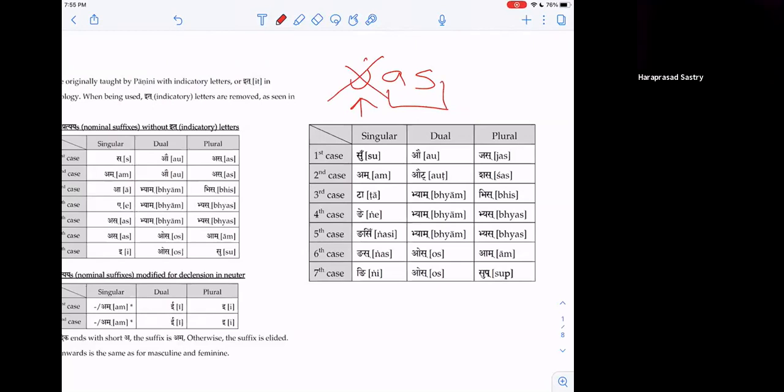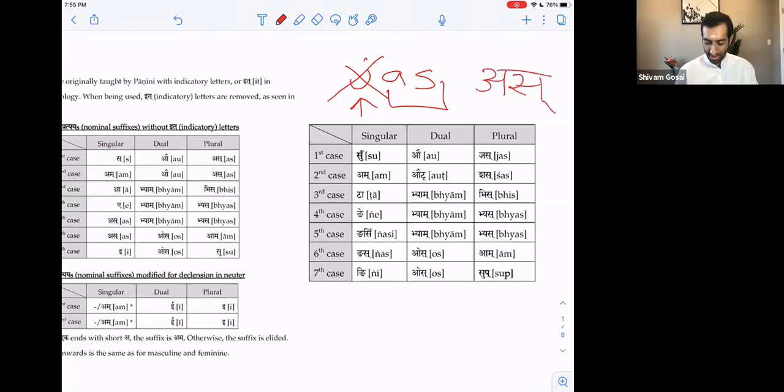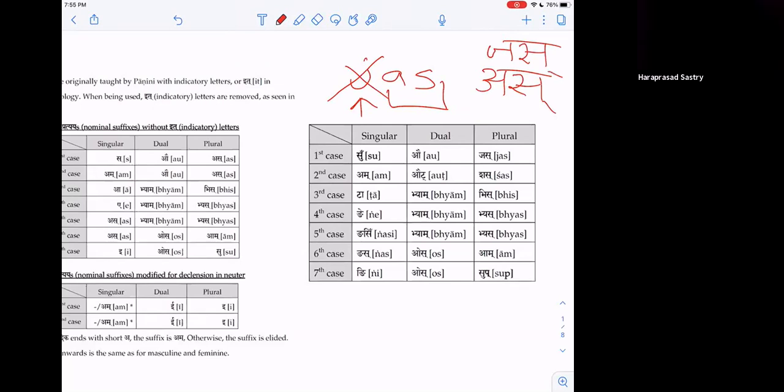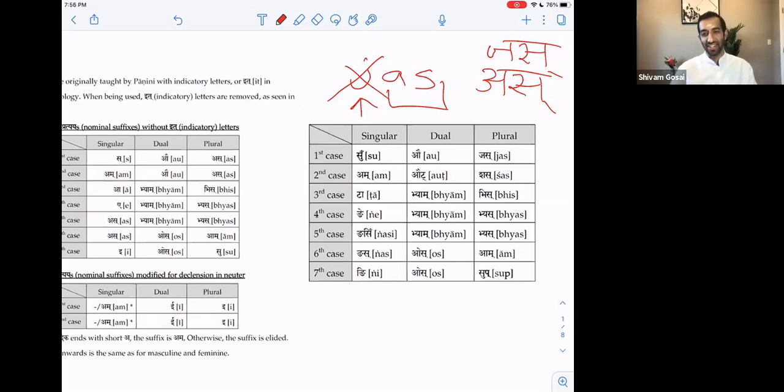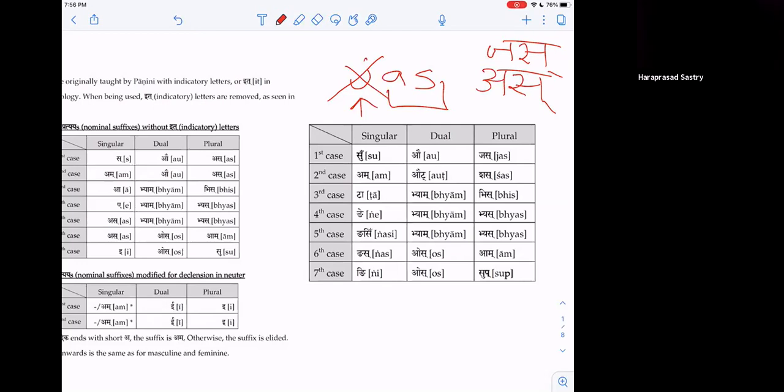But how do you write it in Sanskrit? Jas. Remember, there's a hidden akara in between the ja and the sa. So only the halanta ja goes away. Oh, got it.